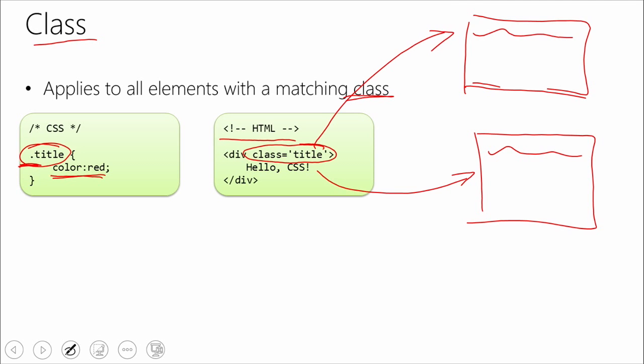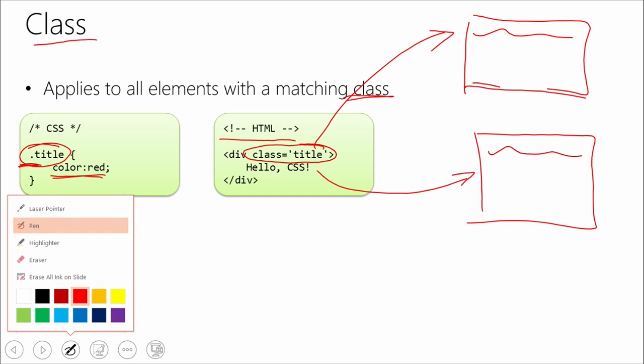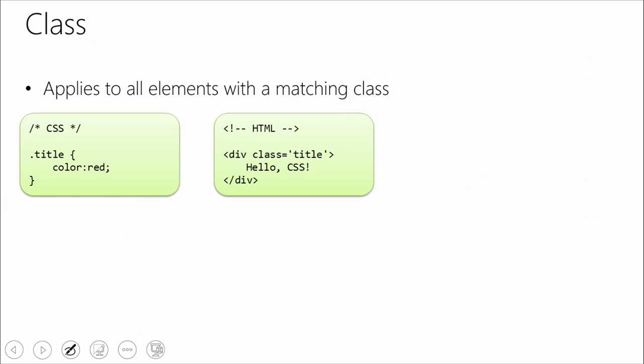And I can flag, hey, this is going to be a title. Let me go erase all of my ink. There we go, perfect. So we've got our CSS, we've got our HTML, and thus the result is going to be hello CSS. Now, the problem with doing something like this is that that might be even still a little bit too vague. That maybe I'm going to be using title in a couple of other places.